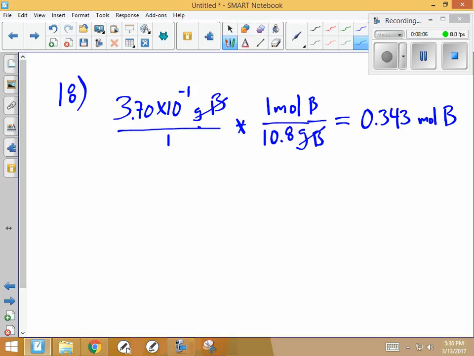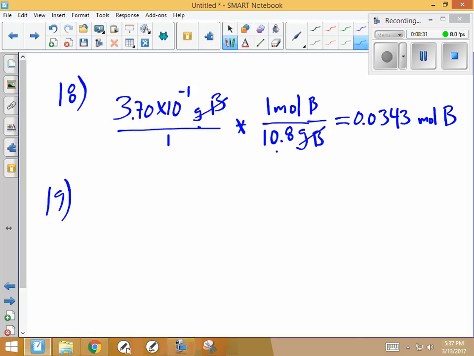I used 3 here, and I used 3 here, and my answer has 3. However, I do believe I made a mistake with my decimal place. Let's try this again. Does that look better? Looks better to me. So we have 0.0343 moles of boron.